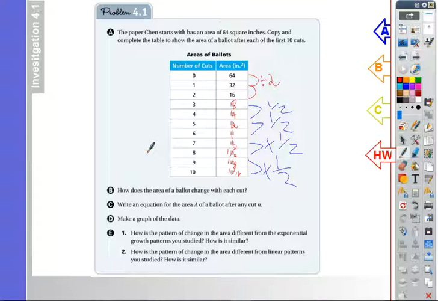Okay, so the equation that I found was y equals 64 times 2 to the negative n power.